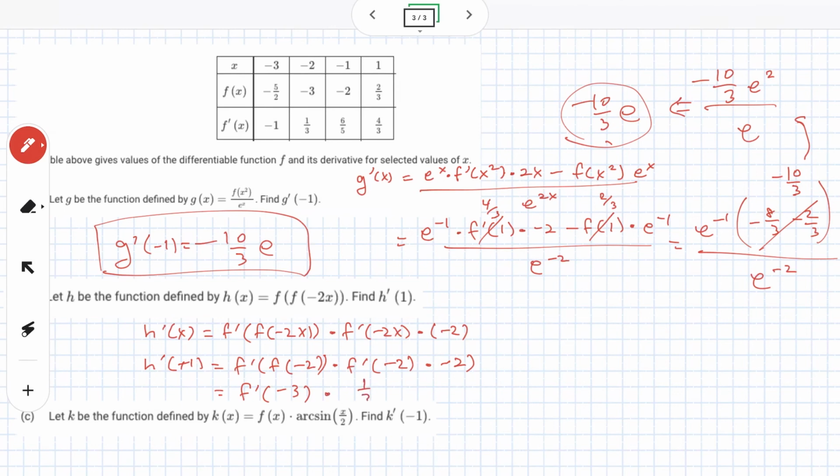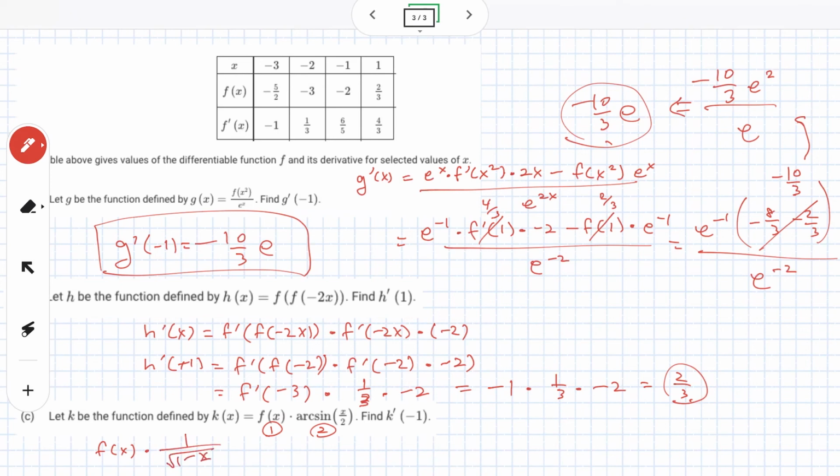So this becomes f prime of f of negative 2, which is negative 3, times f prime of negative 2, which is 1/3, times negative 2, which equals f prime of negative 3 would be negative 1, times 1/3, times negative 2, 2/3. There's my answer.